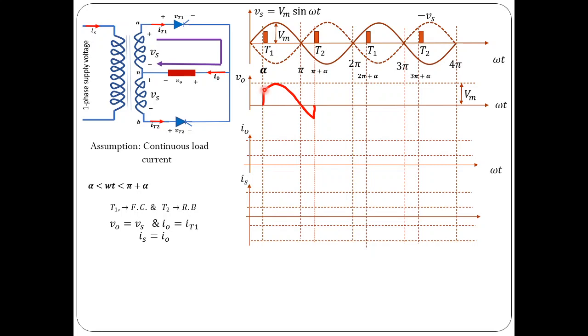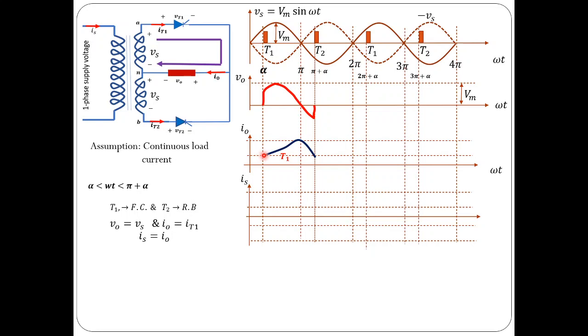During this period, omega t from alpha to pi plus alpha, V0 is the same as Vs, as shown here. Because the load is highly inductive and load current is assumed continuous, current is not becoming 0. You can see that current starts from a non-zero value, as I assume the operation is analyzed at steady state.